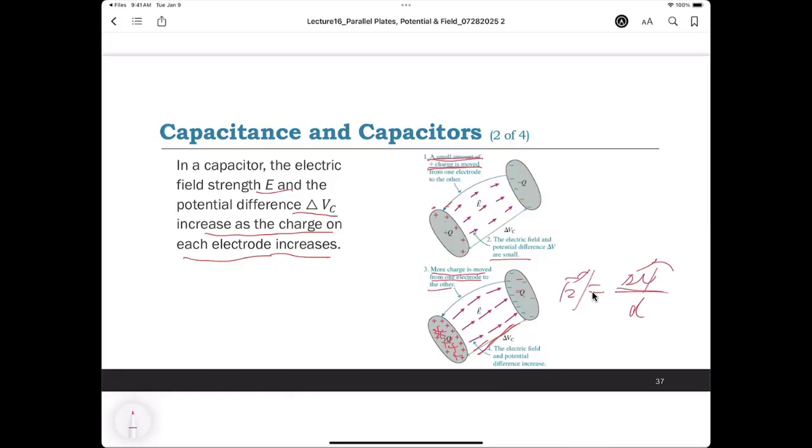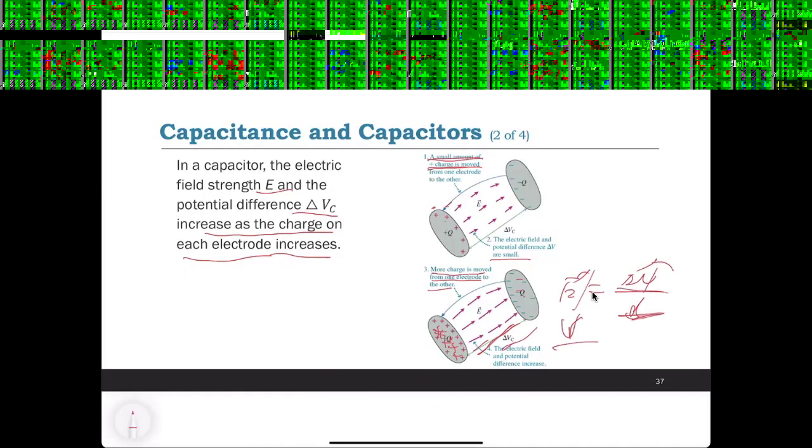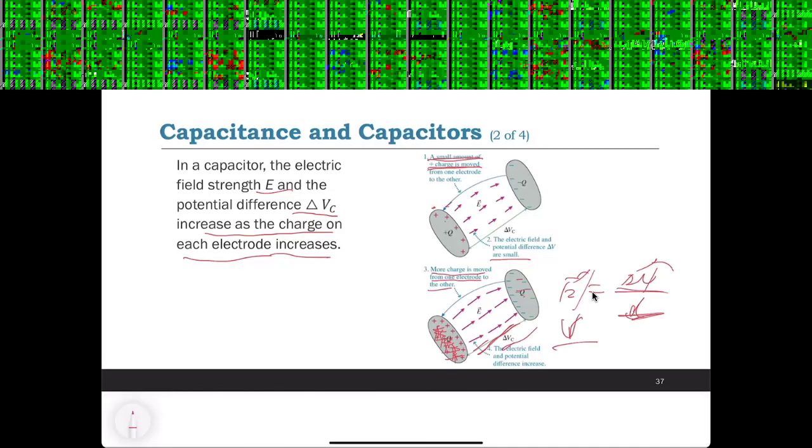That makes sense too, because d is the same. And why does the voltage difference increase? Because you add positive charge here and negative charge here, which means the difference will increase. That makes sense to you.